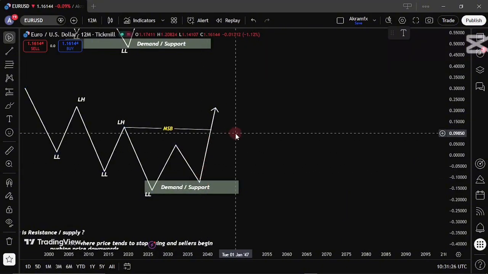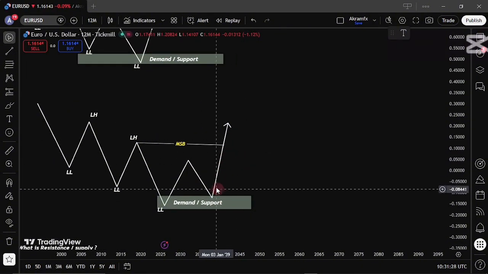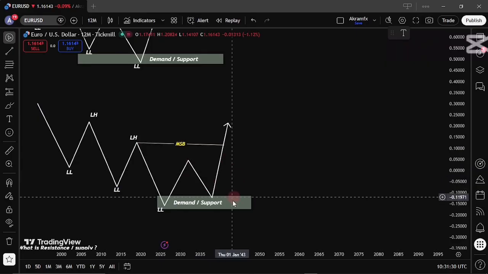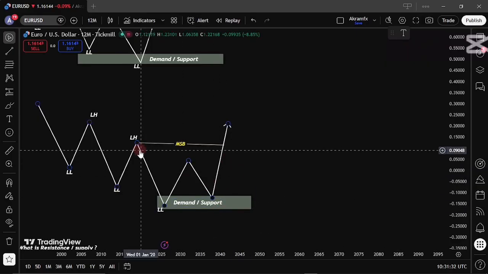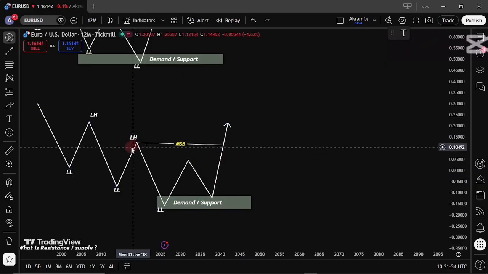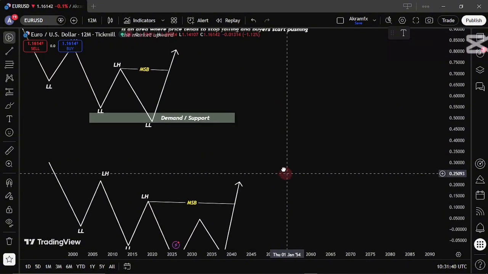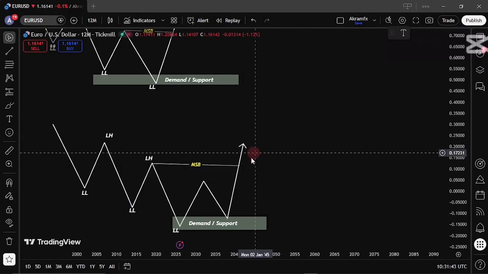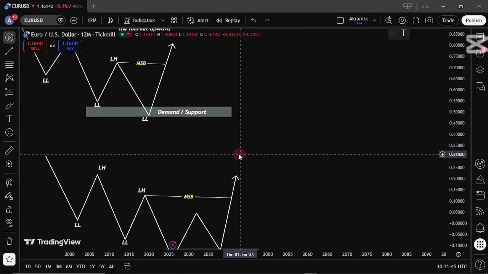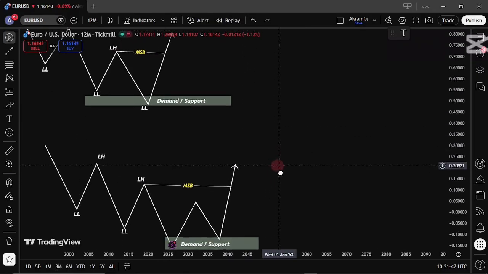So as a trader, you do not consider a market structure break before prices break the recent lower high that created the deepest lower low. In these two scenarios, after seeing this as a trader, you do not jump in immediately.